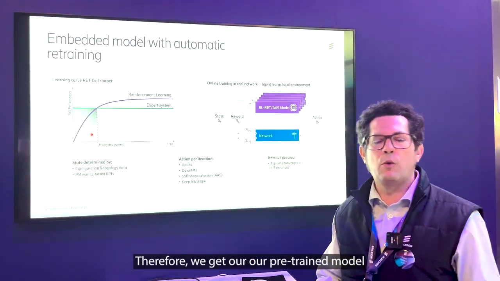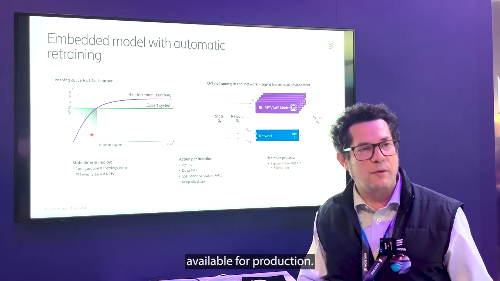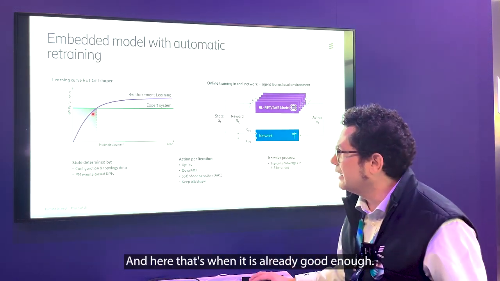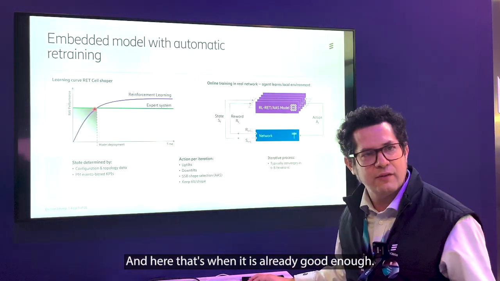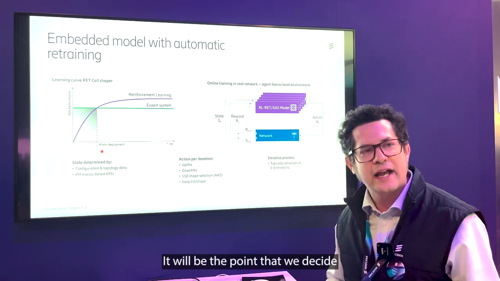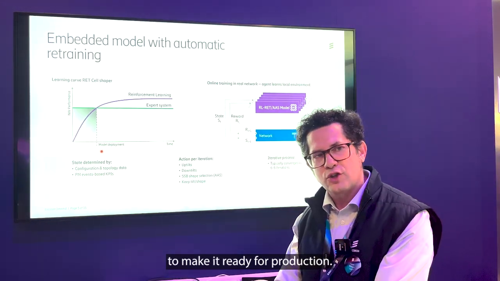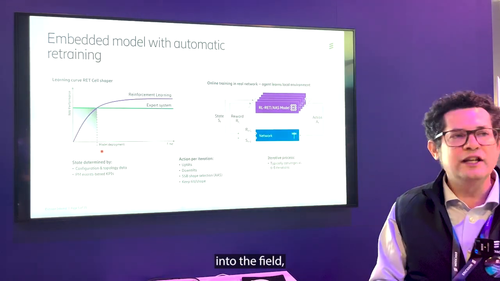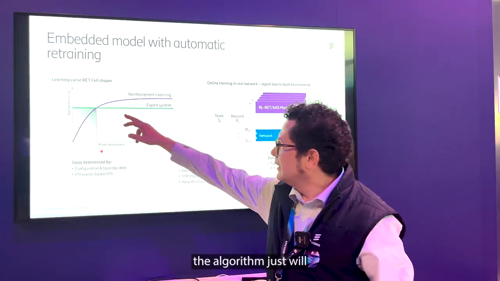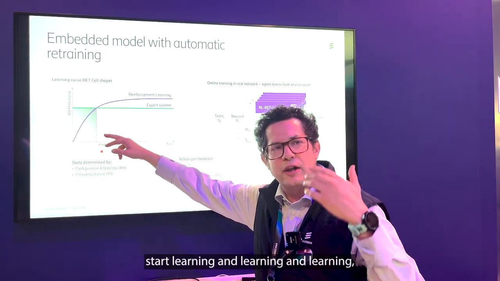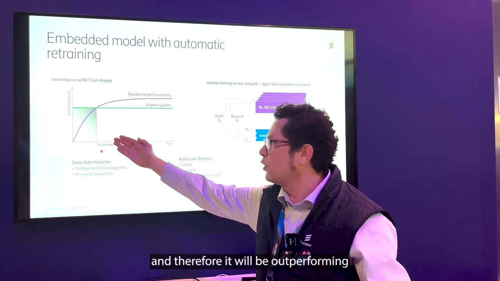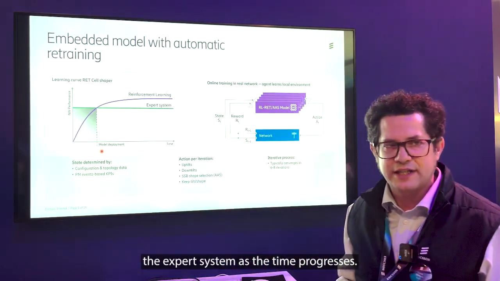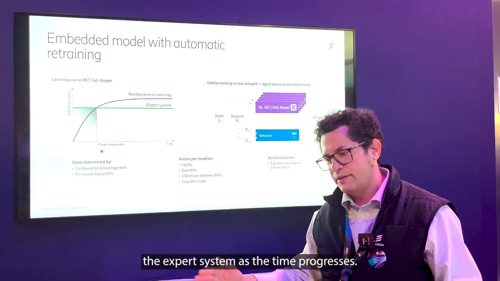Therefore, we get our pre-trained model available for production. When it is already good enough, that is the point at which we decide to make it ready for production. So whenever we deploy that into the field, the algorithm just starts learning and learning and learning. Therefore, it will be outperforming the expert system as time progresses.